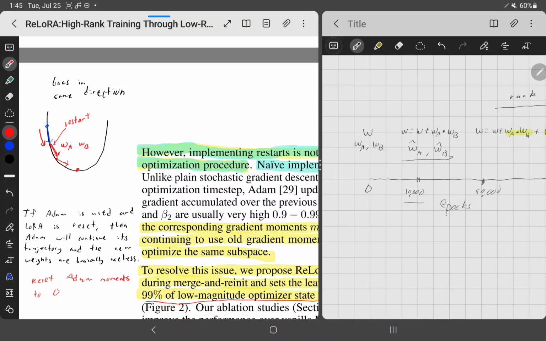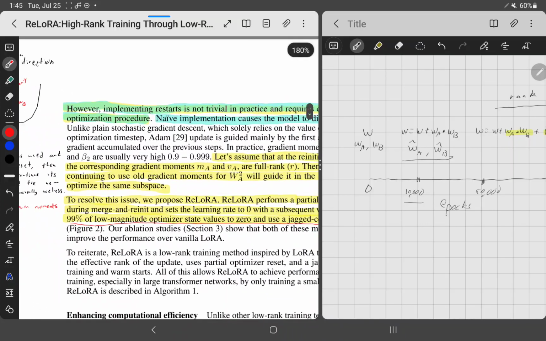But since the optimizer has the moments, the Adam optimizer has the first and second moment, and they kind of affect a lot of the optimization. You continue going in the same direction, which isn't very helpful. If you're going in the same direction, then you're gonna basically end up in the same minima. It's not going to do anything.